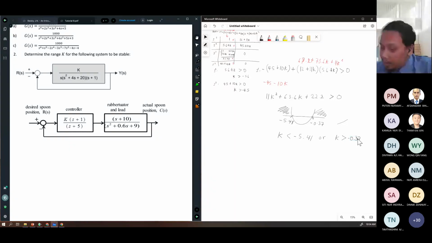Okay, macam salah kira tapi. Doktor, yang S1 tu kan, dia punya metrik tu saya pun confused. Dia positif ke negatif? Yang 45 plus 10K minus 12 plus 11K times 5.6 plus K. Tapi kita ada negatif kat luar ni.